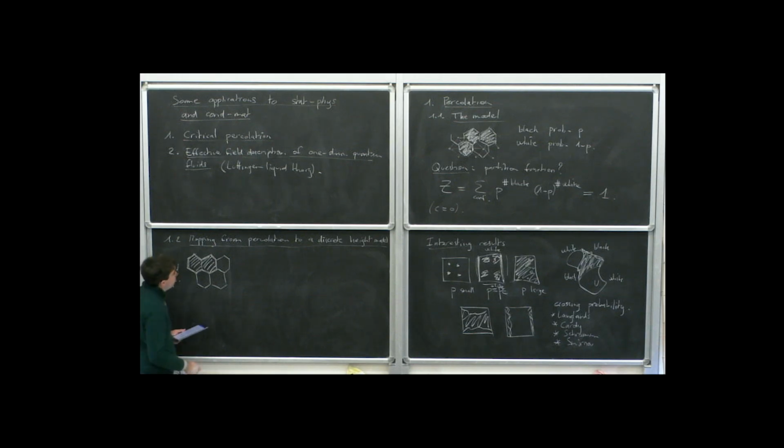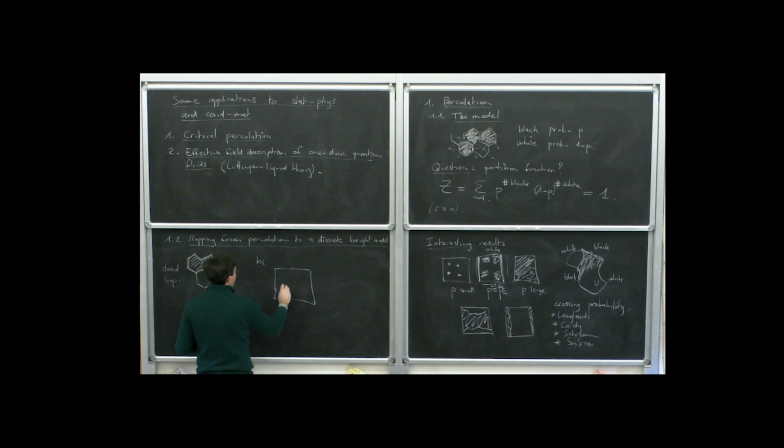Now, closed loops somehow are intimately related to models of fluctuating heights, because if you have a height model in 2 dimensions, so you have a certain height field h of x, so at each point you have a certain height h.